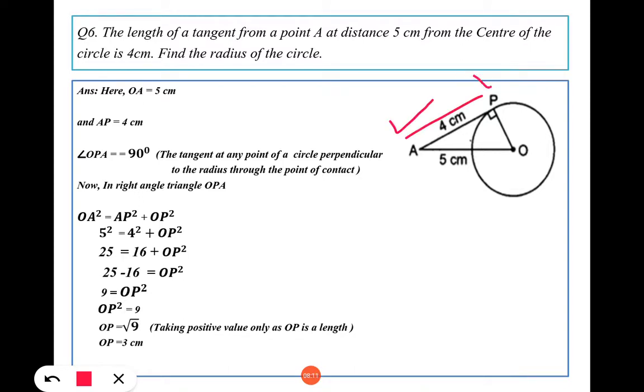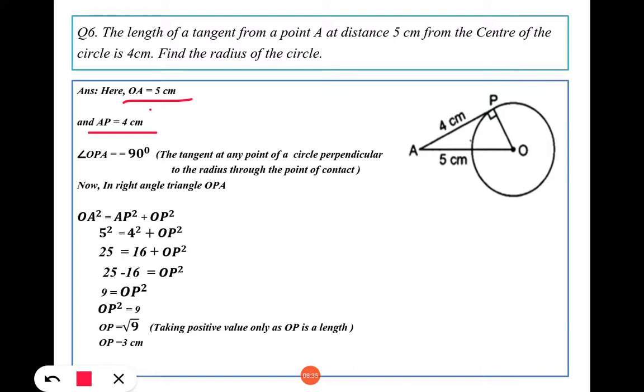P is point of contact, OP is radius, and this point A is at a distance 5 cm from the center of the circle. We have to find the radius of the circle. Now here we have OA 5 cm, AP 4 cm, and we have to find the radius OP.